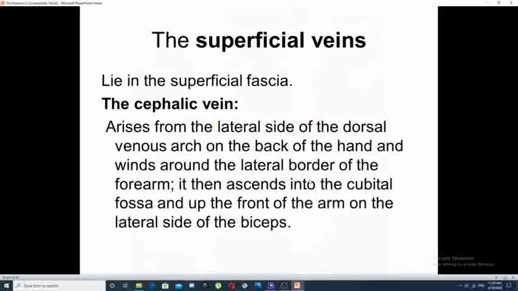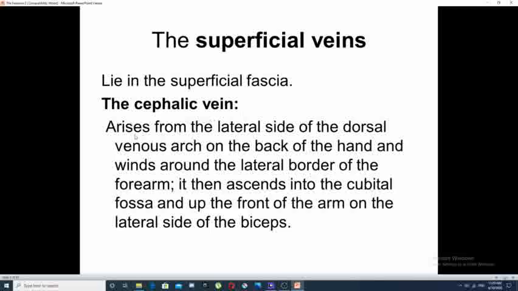Next are the superficial veins. As you know, the upper limb is drained by two main venous systems. The superficial venous system has one that lies on the lateral side, which is the cephalic vein.